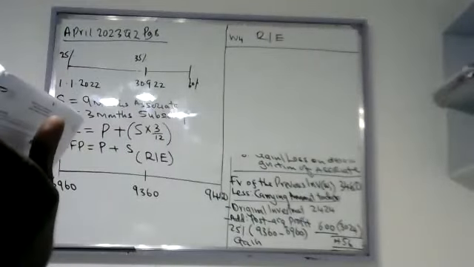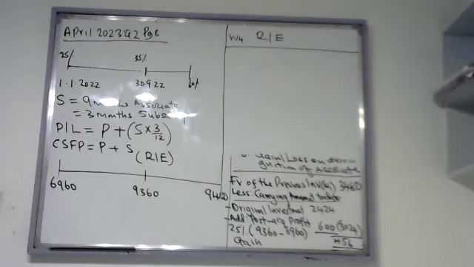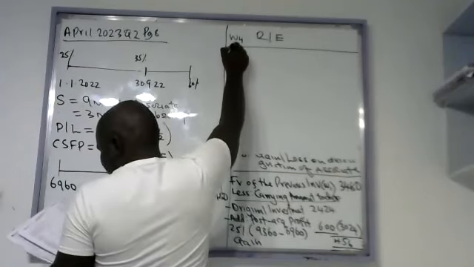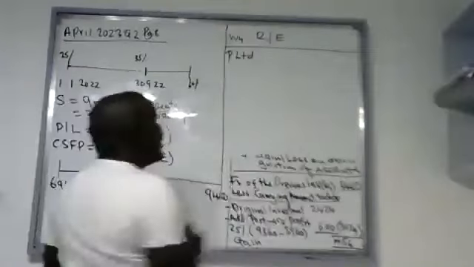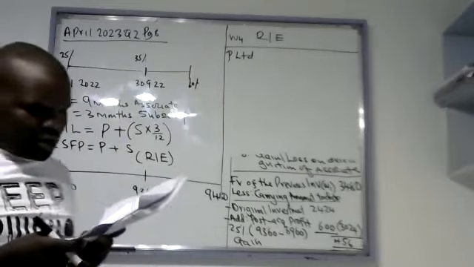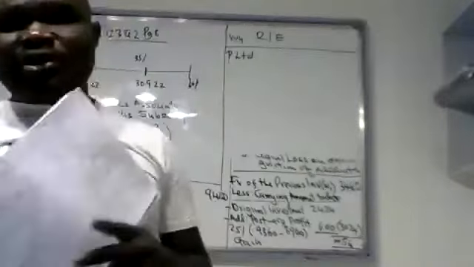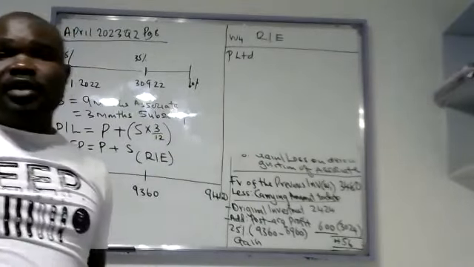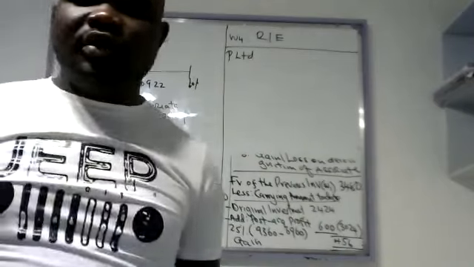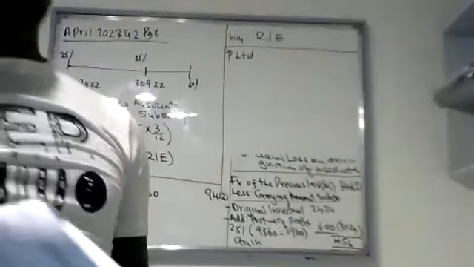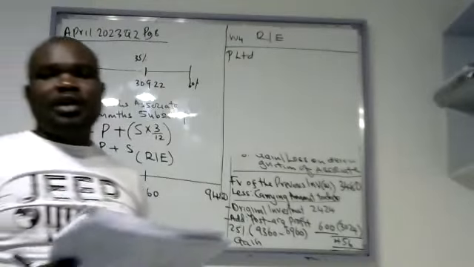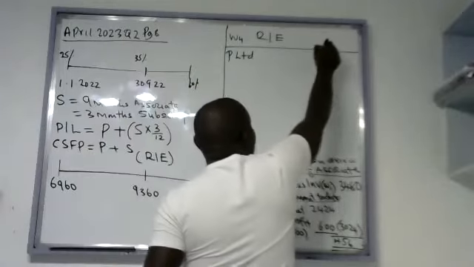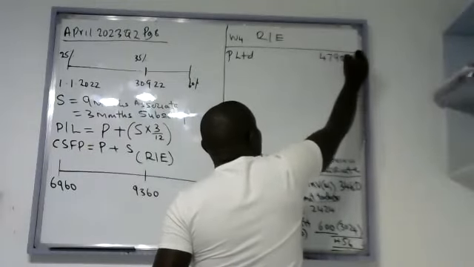So the retained earnings you will take for P Limited in the balance sheet, how much are you seeing? Balance sheet of P, people are seeing 47,904, correct? 47,904.